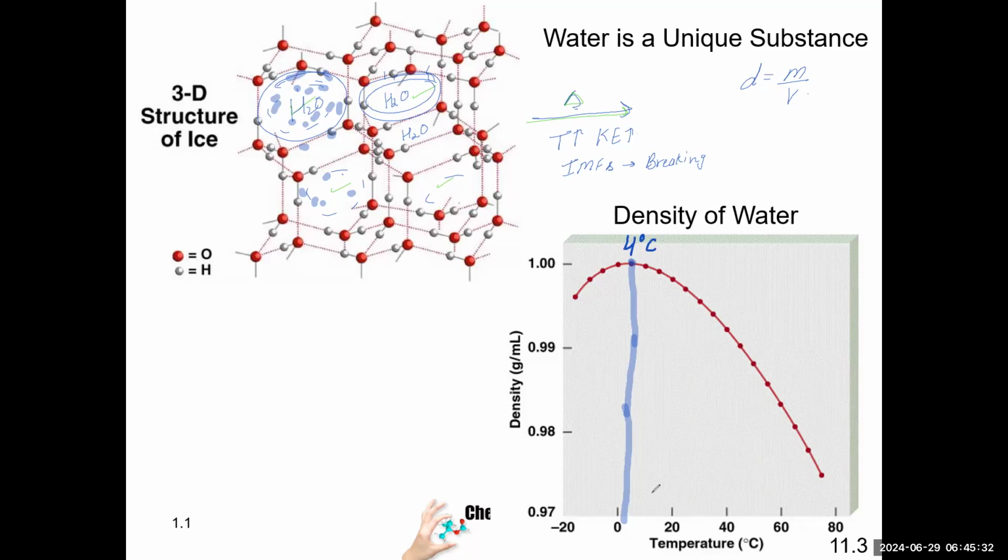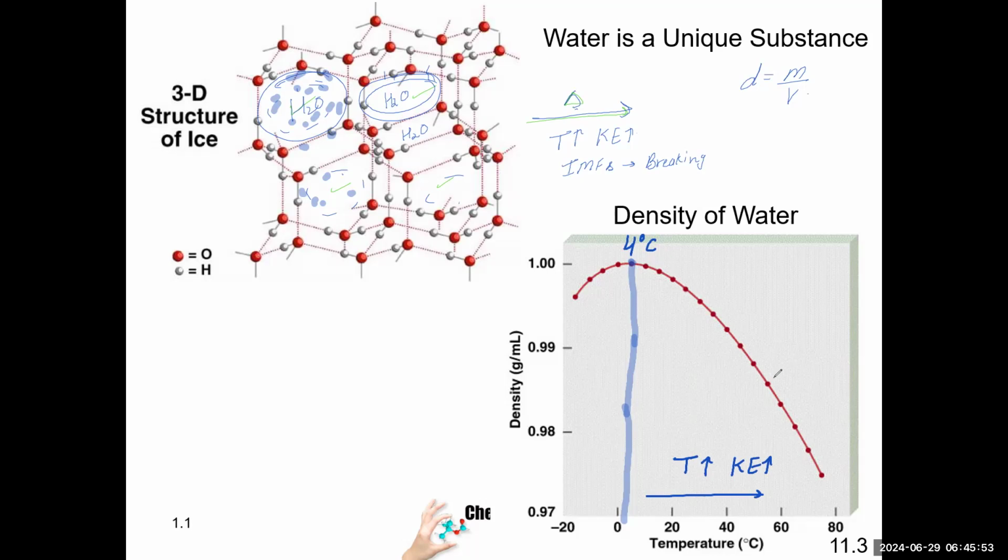But if you further increase the temperature, kinetic energy increases and the molecules start moving away from each other. As the molecules move away, mass per unit volume decreases.